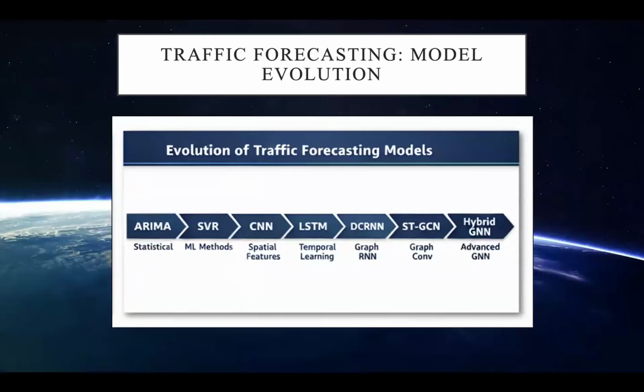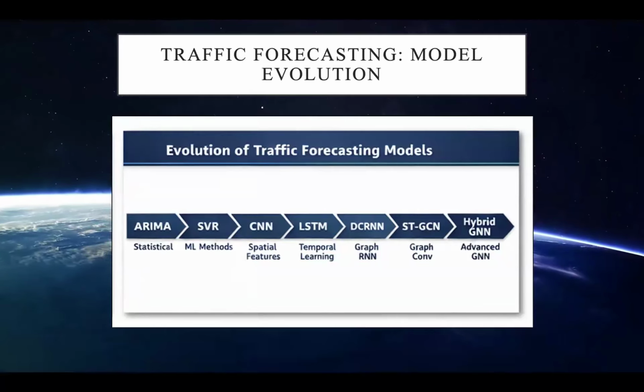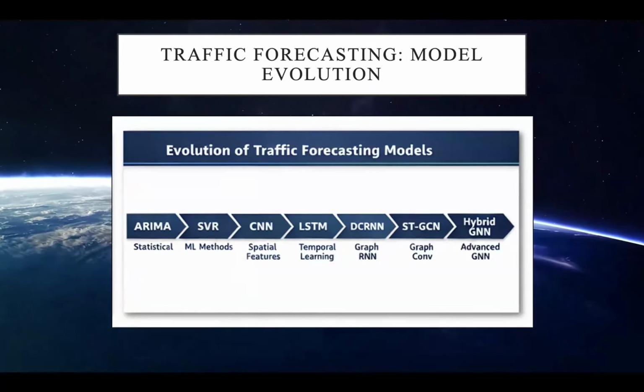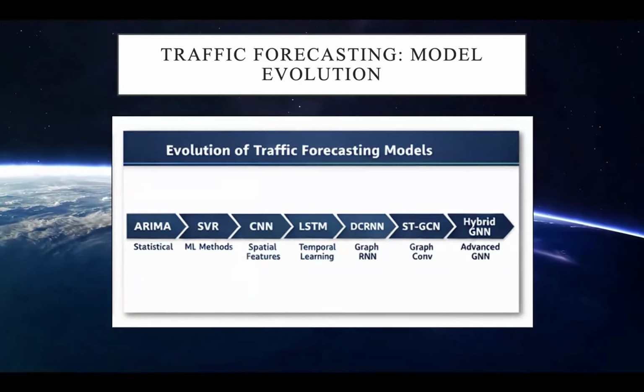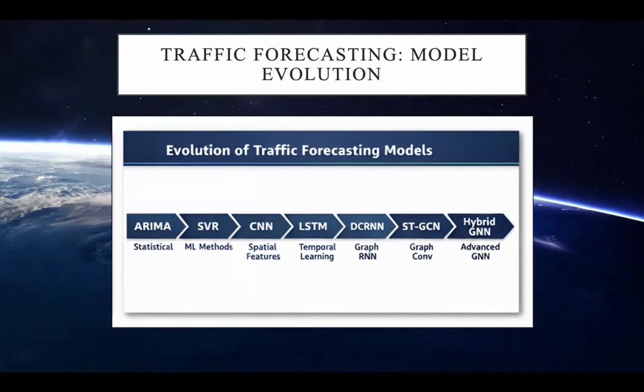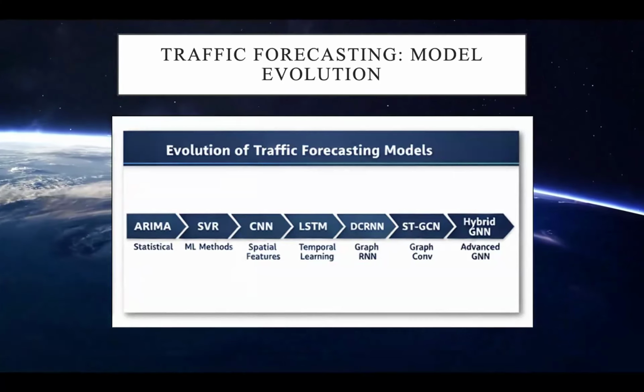Now, the traffic forecasting evolution, I have made it in a graph manner. This shows the evolution of traffic forecasting models. Early approaches were statistical, focusing on linear trends, but this has shifted towards machine learning models, and more recently, deep learning architectures.